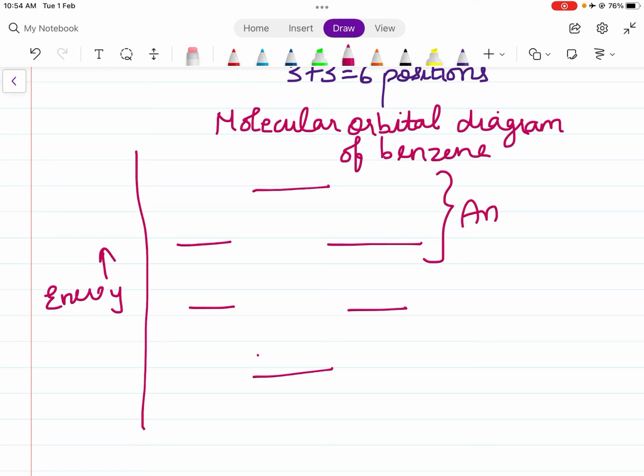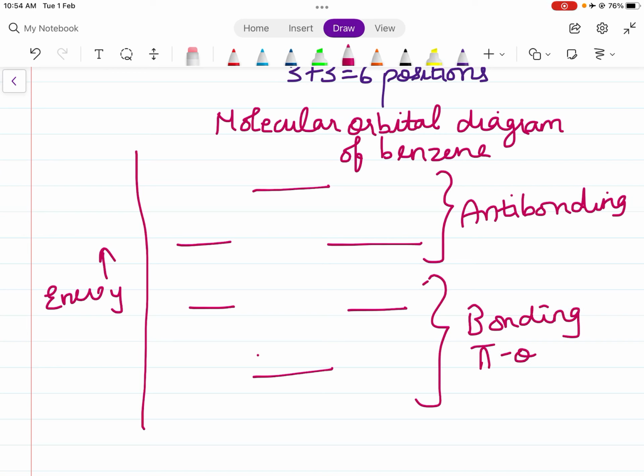This is the anti-bonding orbital, and this is the bonding pi orbital. All the 6 electrons are in the bonding pi orbital because all 6 are bonded to the carbon atoms.